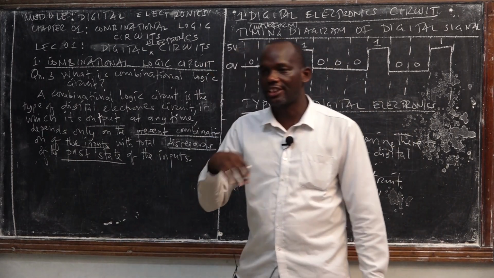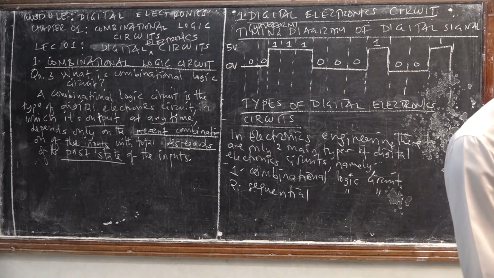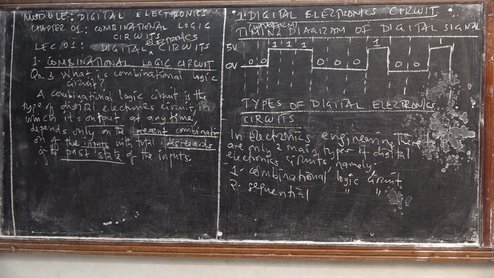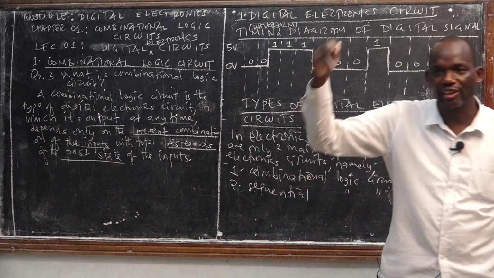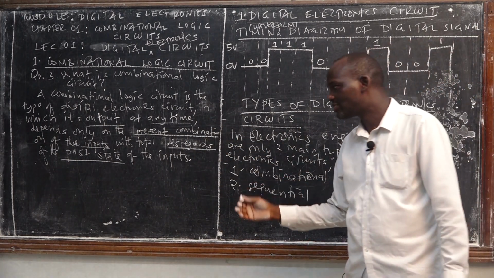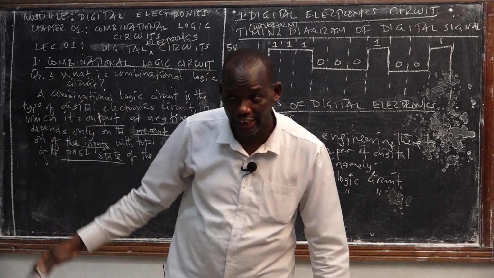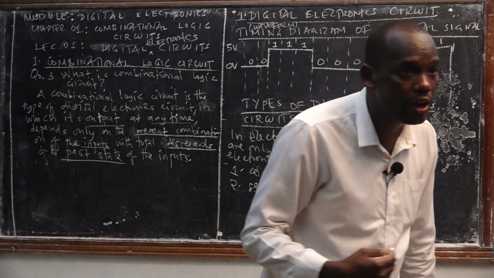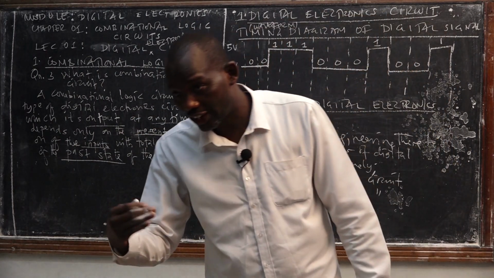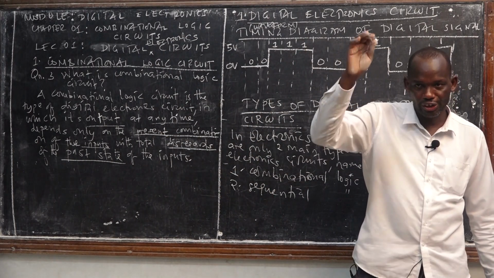I am just clarifying the definition of combinational logic circuits using the three tenses: past, present, and future. Past tells us about events which have already taken place. Present tells us what we are doing right now. Future tells us what will happen next time.